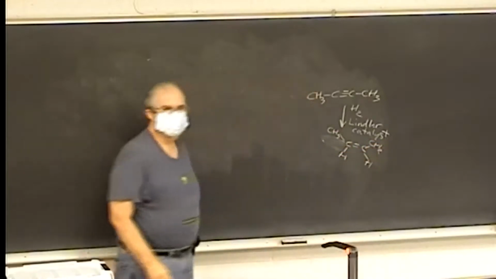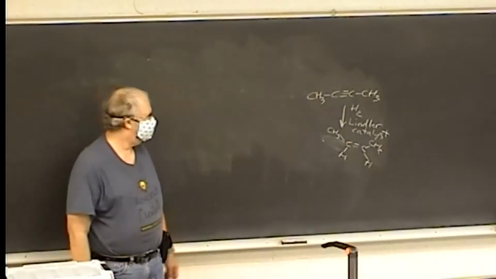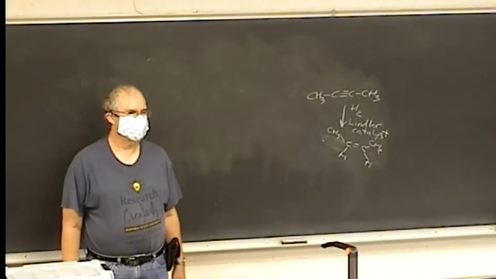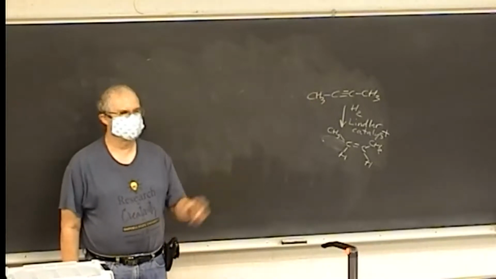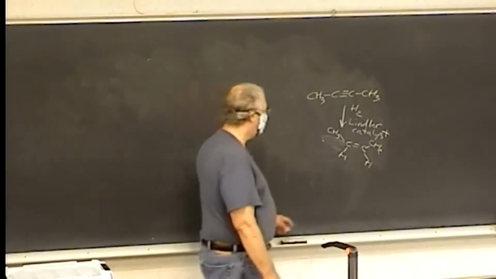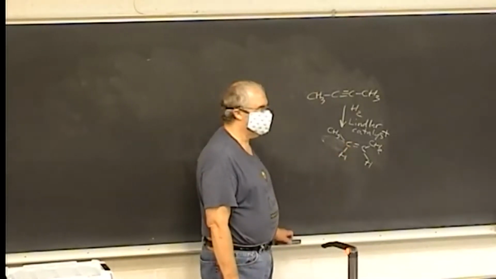This reaction is also stereoselective. You only get the cis alkene. Both hydrogens are added to the same side. And it stops at just one hydrogenation.